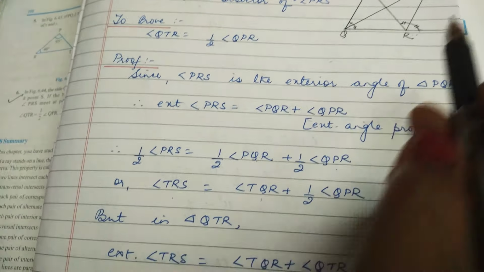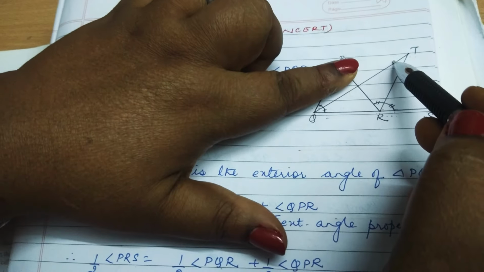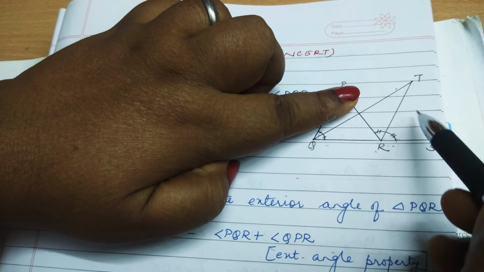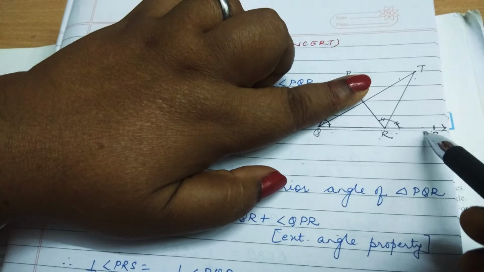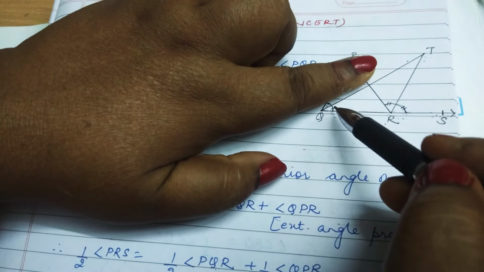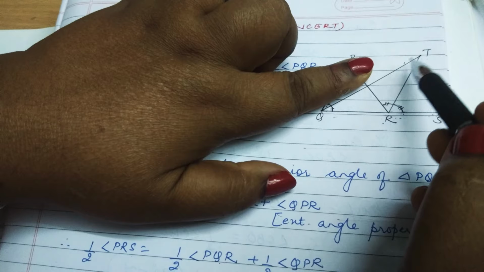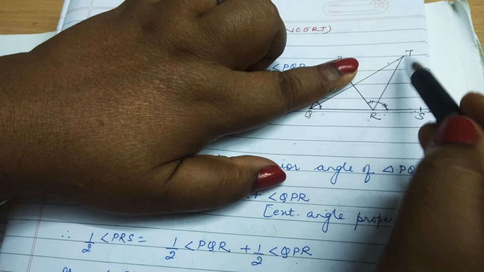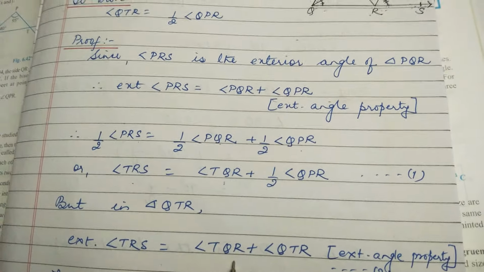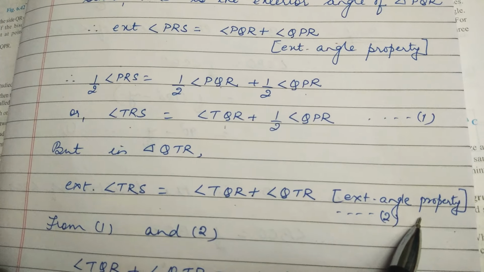Now in triangle QTR, TRS is the exterior angle. So this exterior angle is equal to the sum of its two opposite interior angles, that is angle TQR plus angle QTR, by the exterior angle property.